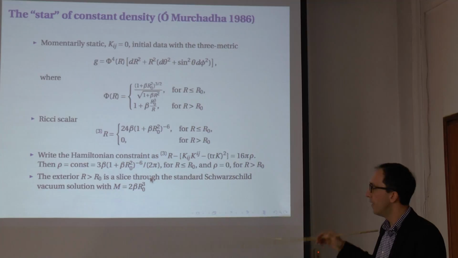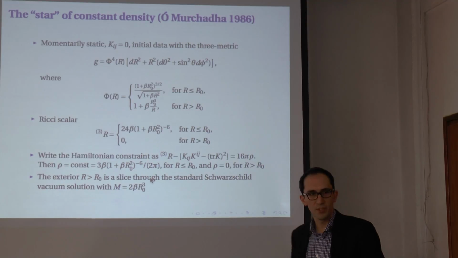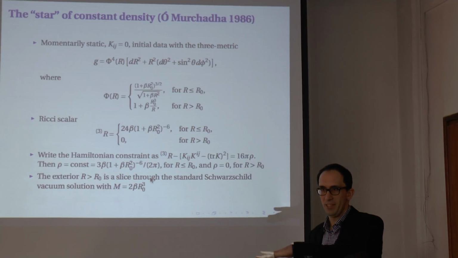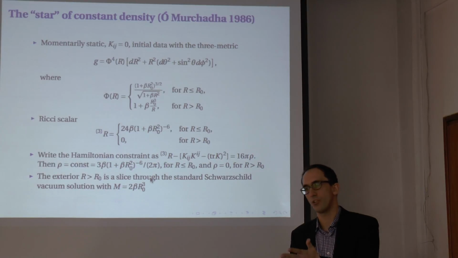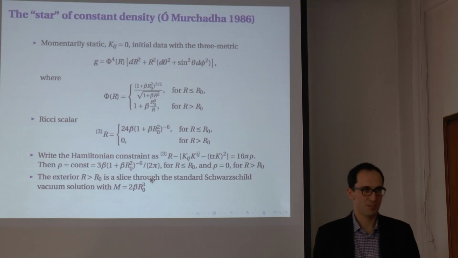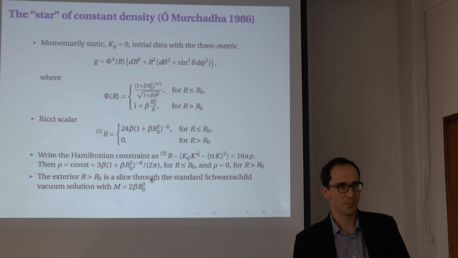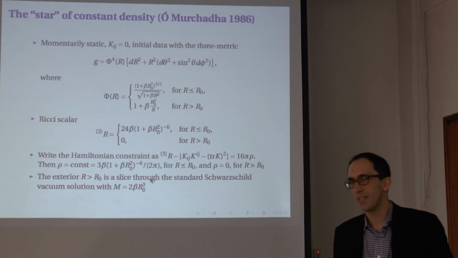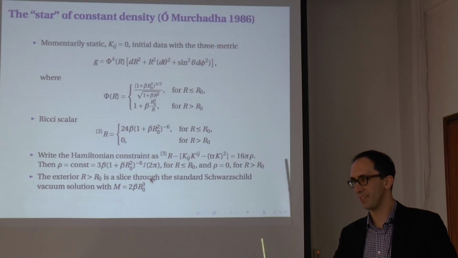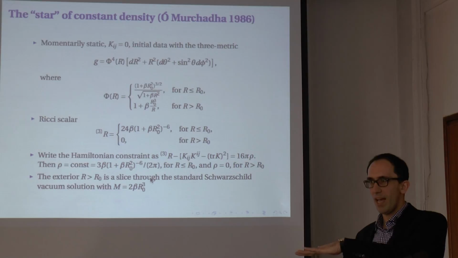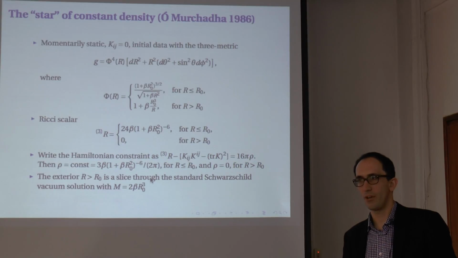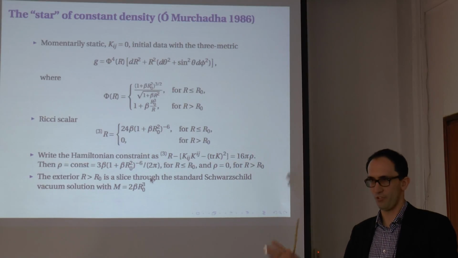So this could be understood as the initial data for a star of constant density. Of course, to say that this could be a star, you would have to define what happens when you switch on time, but at the level of initial data, you could say that this is a star of constant density.